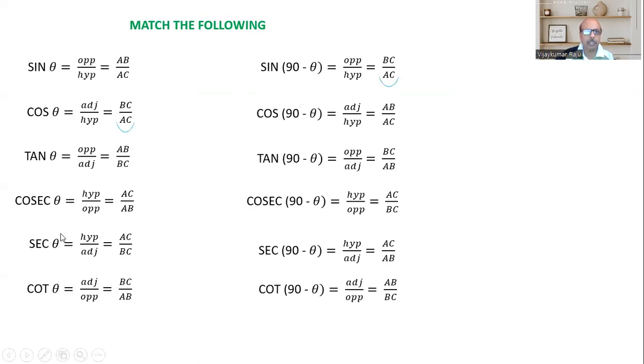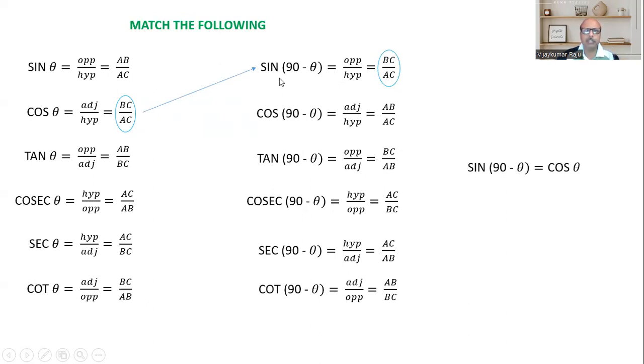Now you see your first one, here BC upon AC, and here also you have got BC upon AC. That means these two ratios are same. What is it? Sine 90 minus theta, and here you have got cos theta. So your first relation between them is sine 90 minus theta is cos theta.